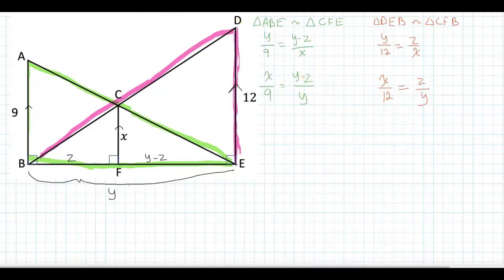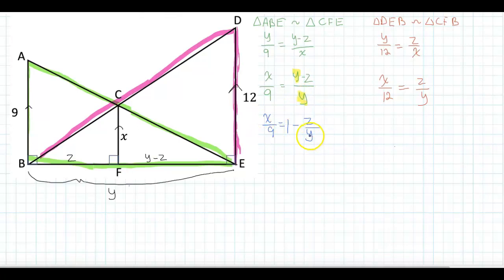Oh, look at this here. This right here, I could try to break this fraction into pieces. So I'm going to rewrite this as x over 9 equals, y over y is 1, minus z over y.